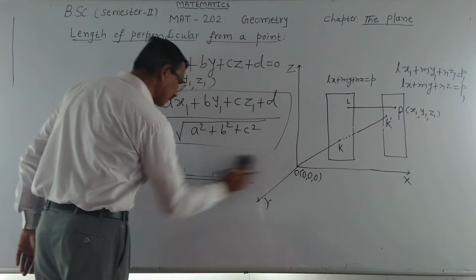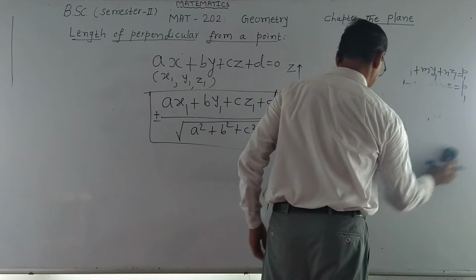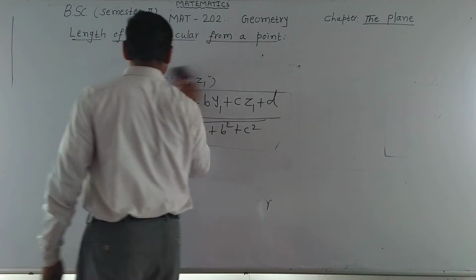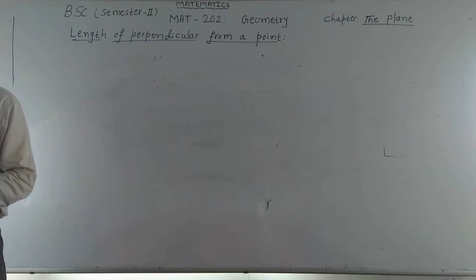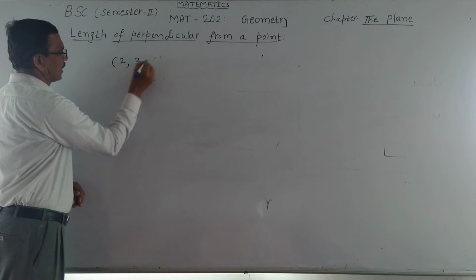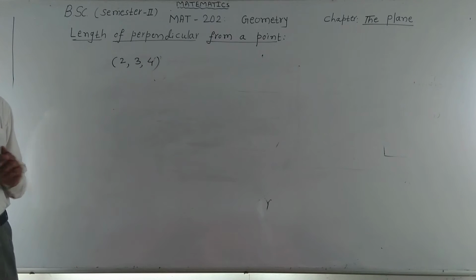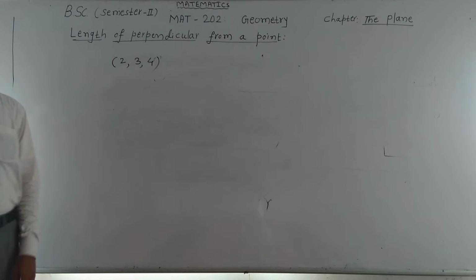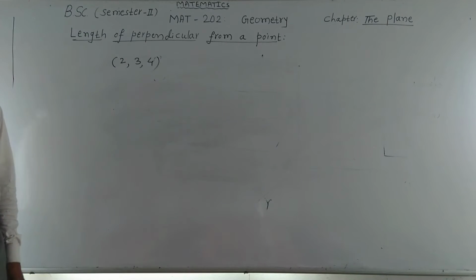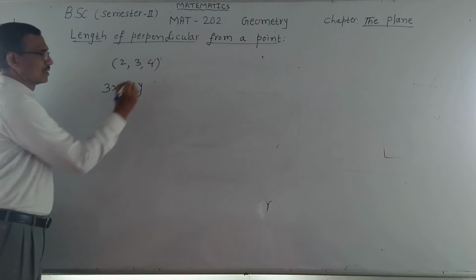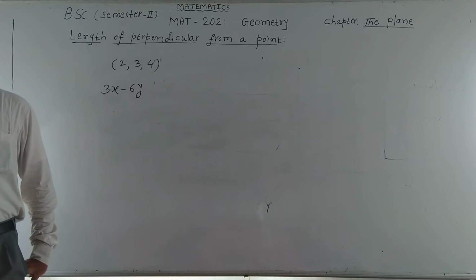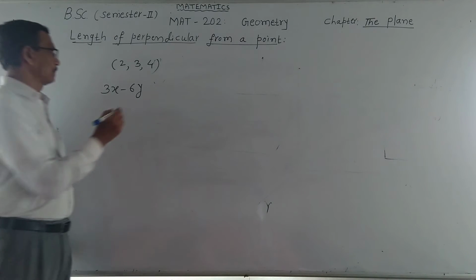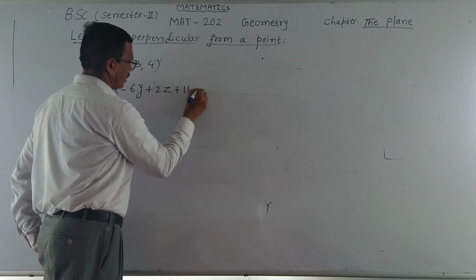Okay. As an example, we shall find the perpendicular distance of the point 2, 3, 4 from the plane 3x minus 6y plus 2z plus 11 is equal to 0.